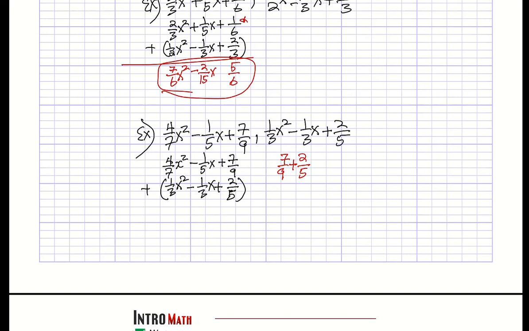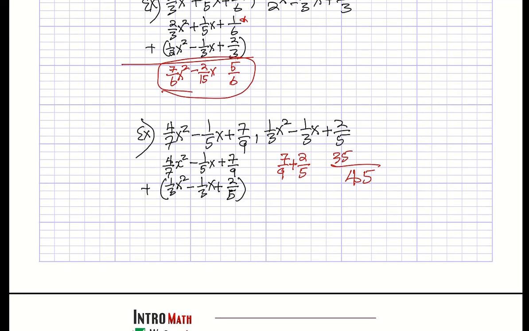Because what happens is if anything fails, you do it like that. 9 times 5 is 45. Okay, and then 45 divided by 9, you get 5. 5 times 7 is 35. Alright, and then plus 45 divided by 5, you get 9. 9 times 2 is 18.